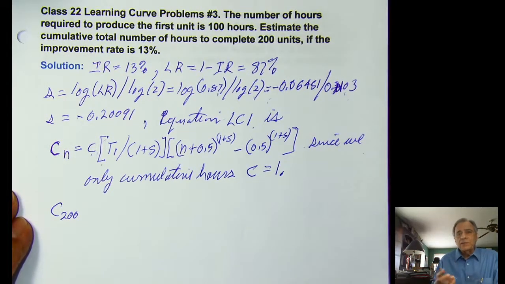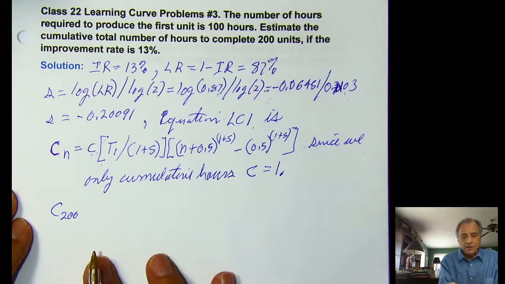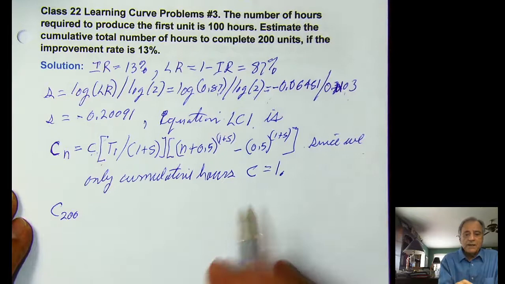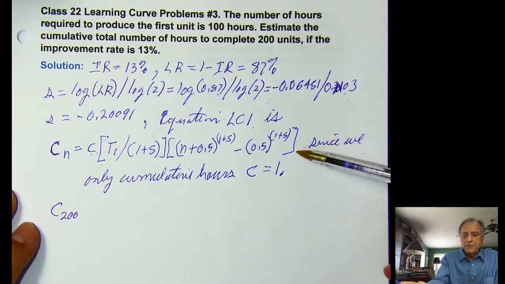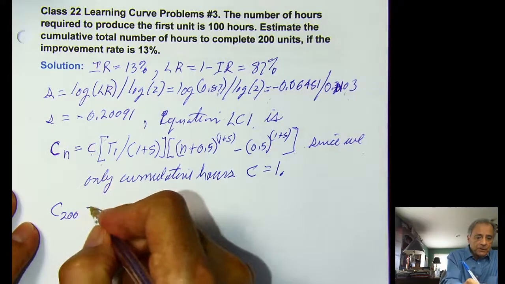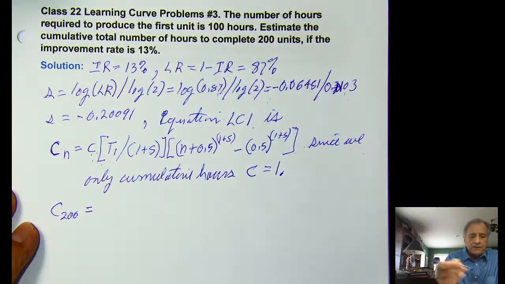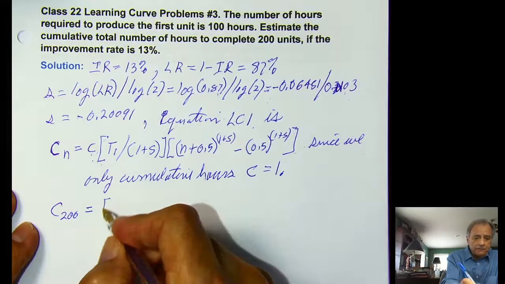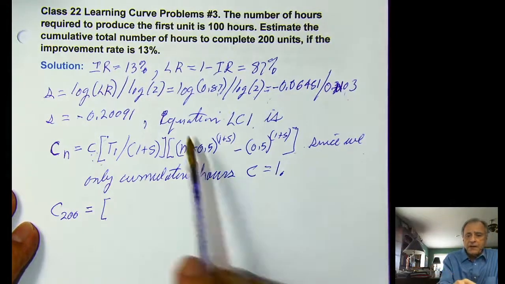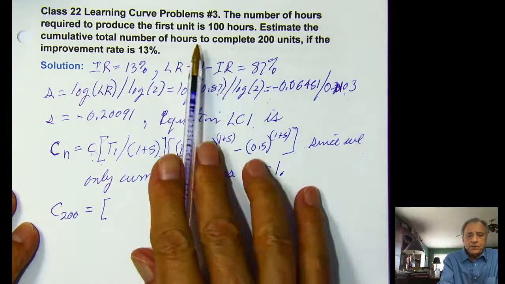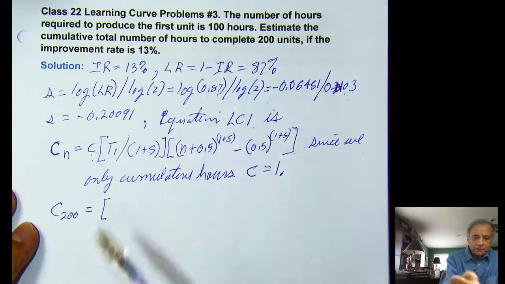Of course, it would be easy to do that if you had an Excel spreadsheet, but I'm looking for a simpler way, and this approximation formula will give it to us. So this is equal to, C is 1, so I can just drop it out. And then T1 is the number of hours to produce the first unit, which was 100.